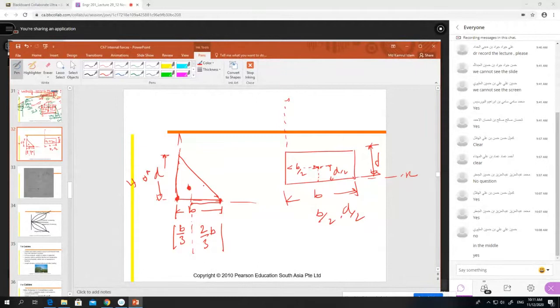From the bottom it is 1/3 of the height h, and from the top it is 2/3 of h. This is the center for a triangle. Okay, understand? Tell me.